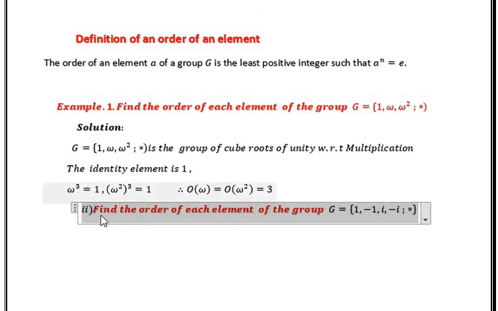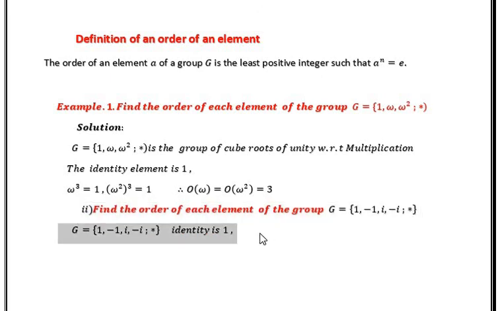Next problem. Find the order of each element of the group G is equal to 1, minus 1, i, minus i with respect to multiplication. See, it is a group of fourth roots of unity. Even it is also a multiplicative group. Therefore, the identity element is 1.